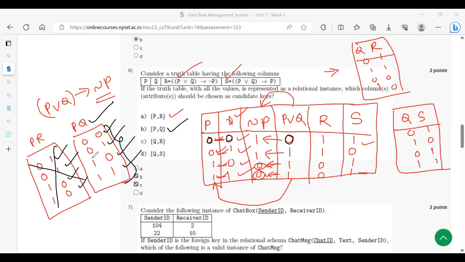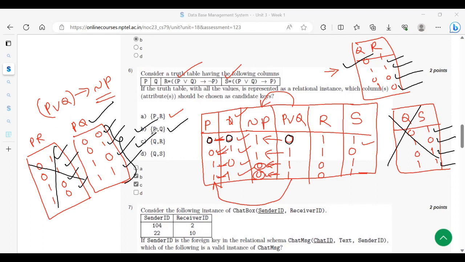So this is not a candidate key. Now, if you see Q, R: 0, 1, 1, 0, 1, 1, 0, 0. So this is also a correct candidate key. Now Q, S: 0, 1, 1, 0, 0, 1, 1, 1. Here 0, 0 is missed. Hence, the correct answer is P, Q and Q, R.